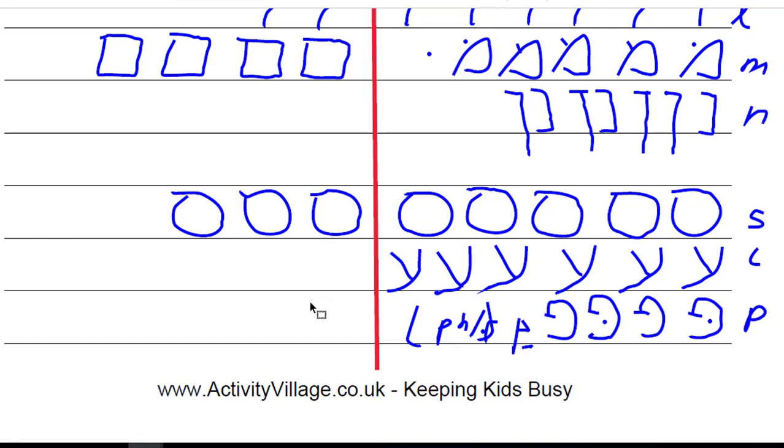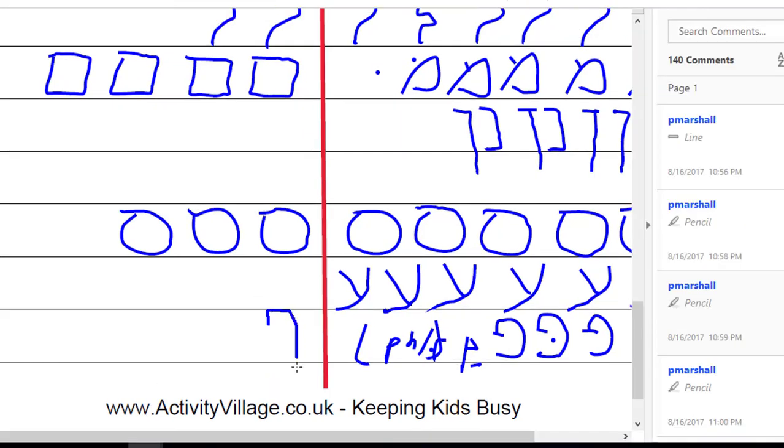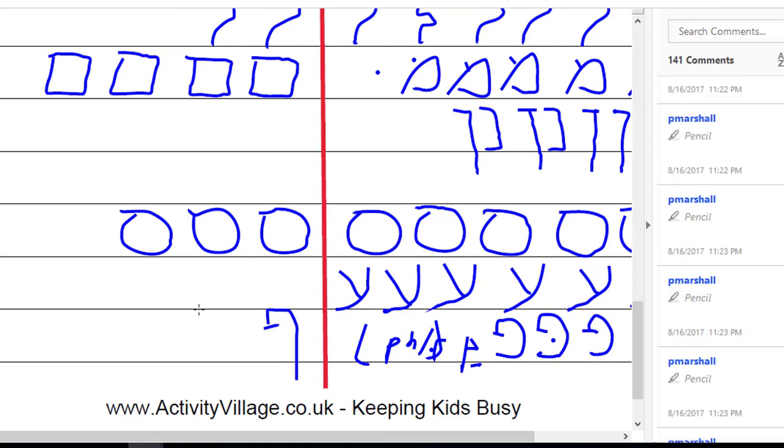Now the Pei has a final form in Hebrew as well. That's what it looks like. It does extend below the line, so it looks like the normal Pei, except you just need to keep on writing it when you get past. Instead of curving it around, keep it going straight.